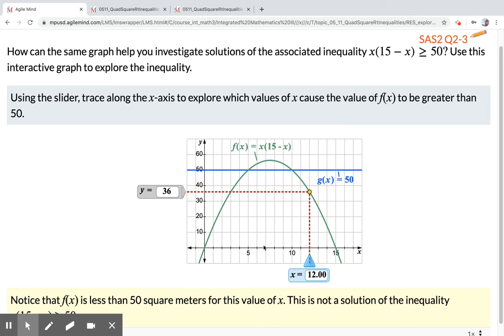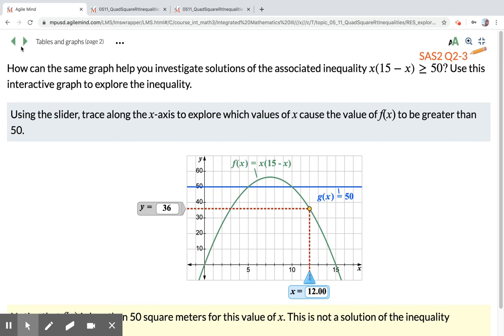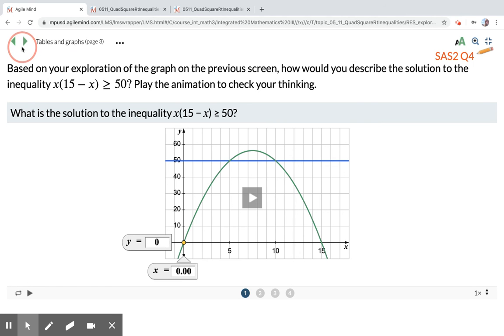So I need to be looking at values of x where my parabola is going to be above 50. I think this takes us to question number 4. Oh, it does. So how would you describe the solution? So we've said, okay, I'm looking for any value of x where my parabola is going to be above 50.